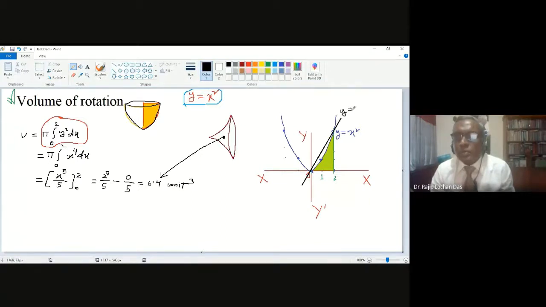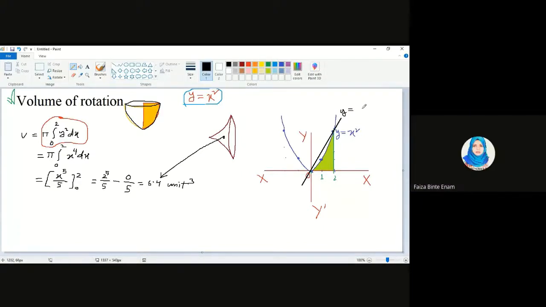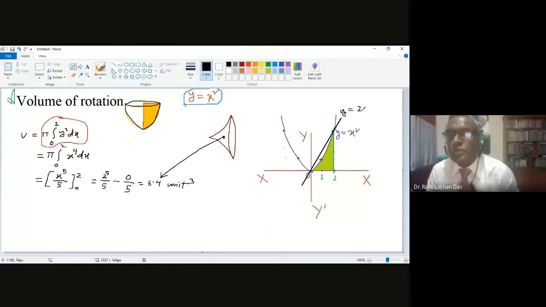This is 0 0 and it is 2 4. কেউ বলতে পারতেছো? Sir, y is equal to mx. Yes. So what is m in this case?